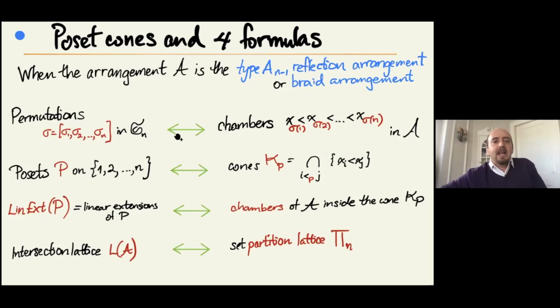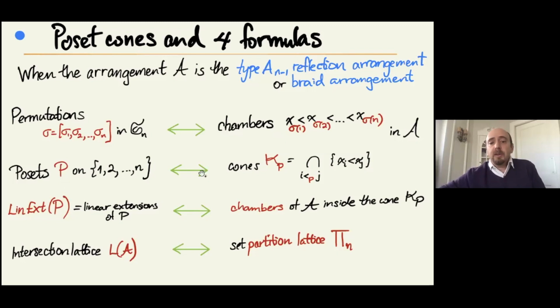So the dictionary goes like this. If your arrangement is the type A_{n-1} reflection arrangement, or the braid arrangement, whose hyperplanes are all hyperplanes of the form x_i equals x_j, then permutations in S_n index the chambers, and I'll show you a picture on the next slide. Basically, the permutation tells you the ordering of the coordinates within a chamber.